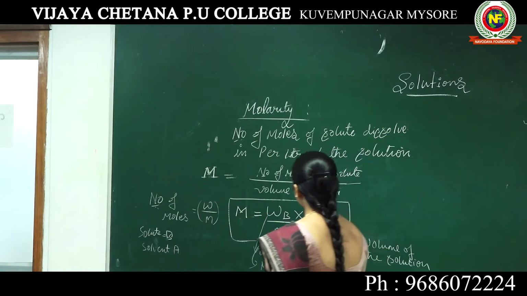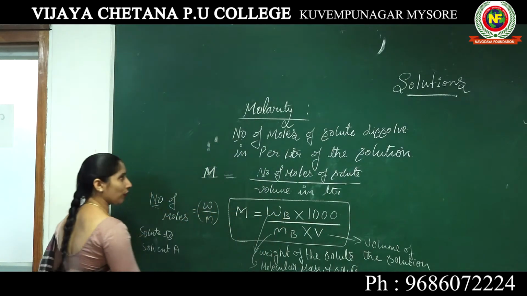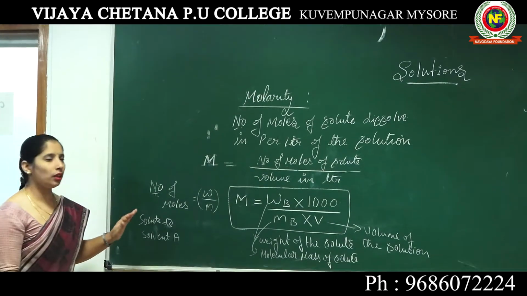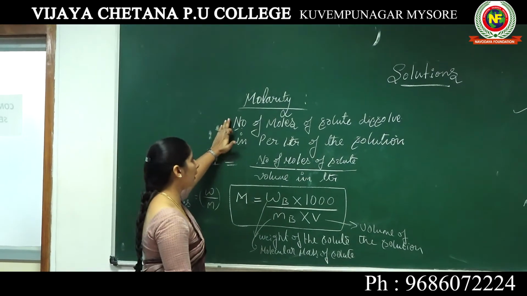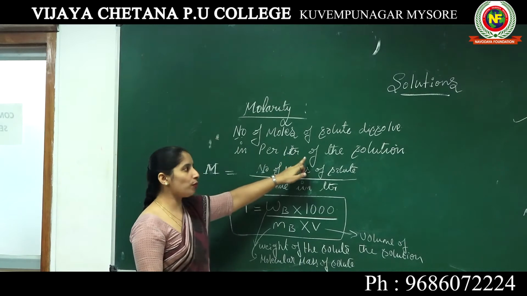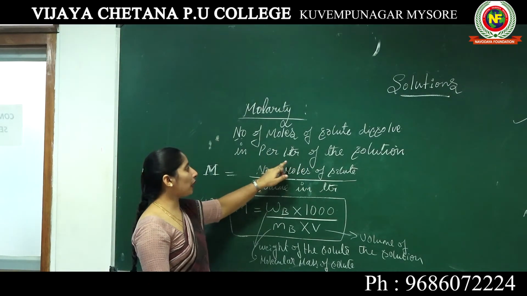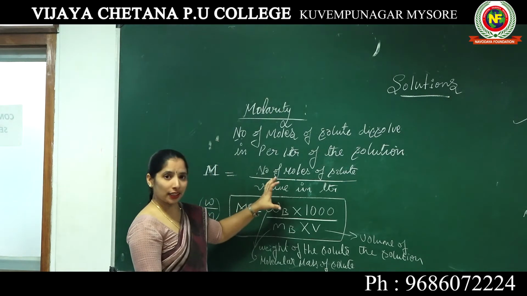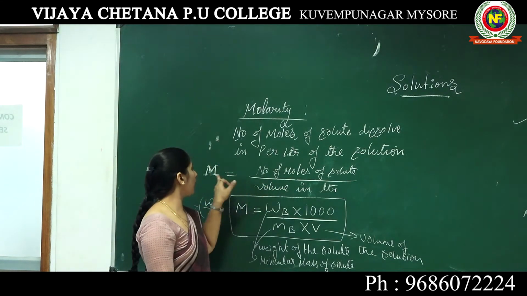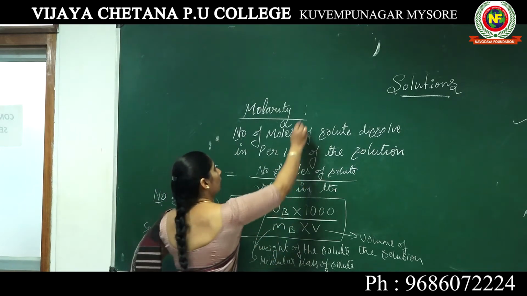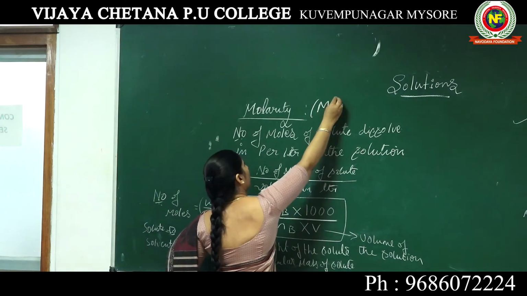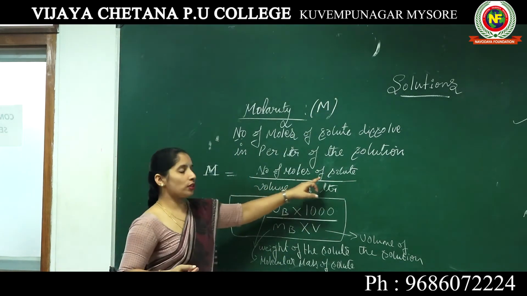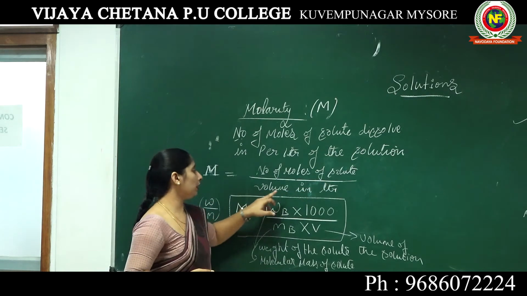So this is one way we express the concentration of a solution, that is molarity. Molarity is the number of moles of a solute dissolved per liter of the solution, that is the definition. In theoretical form, M is the molarity, the number of moles of solute by the volume in liters.